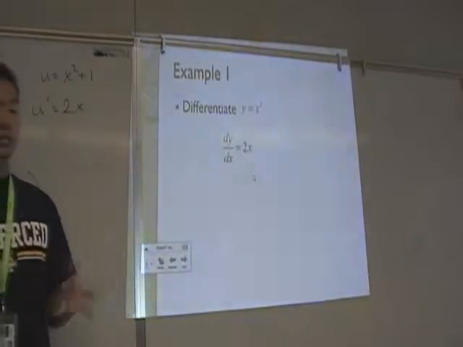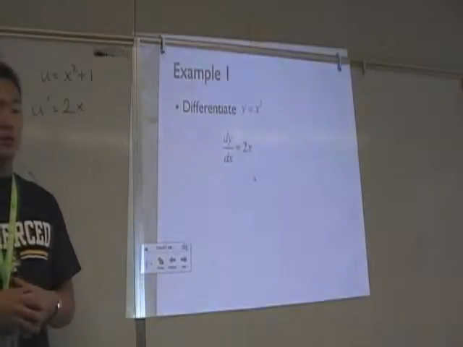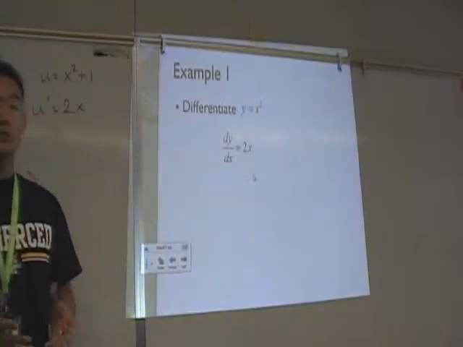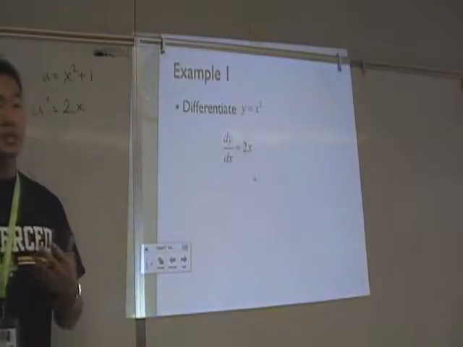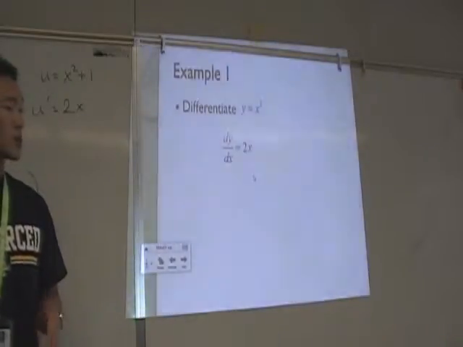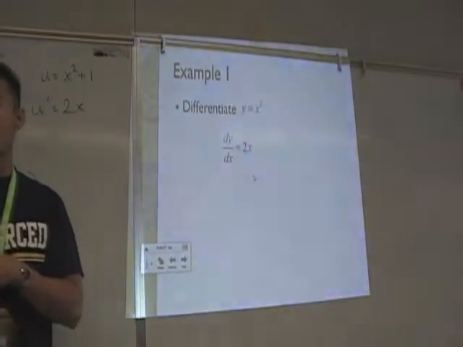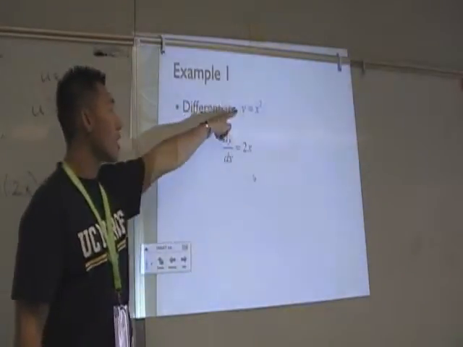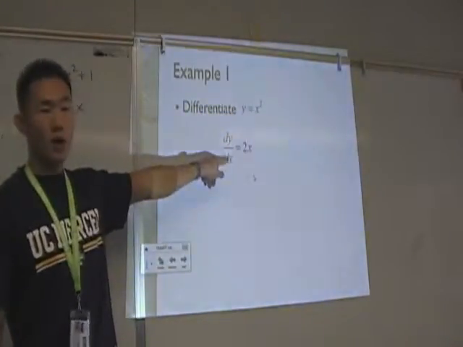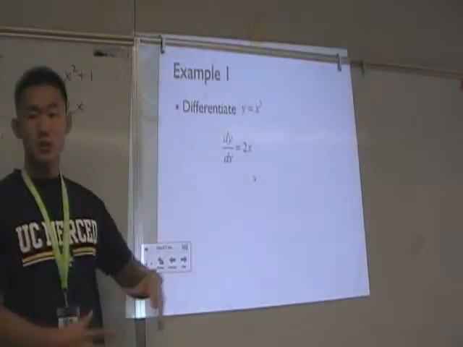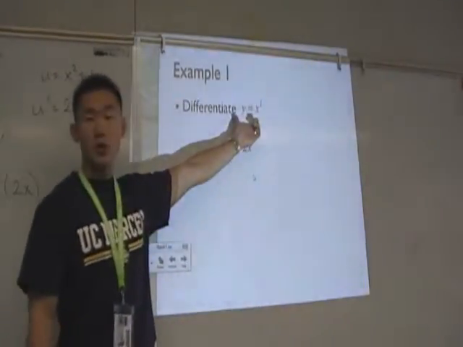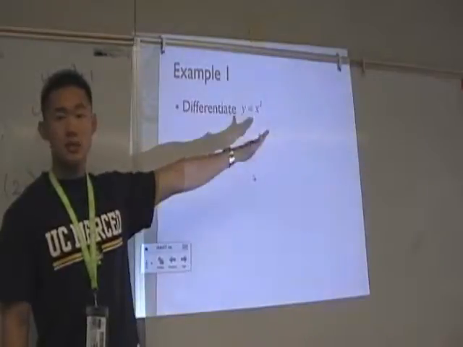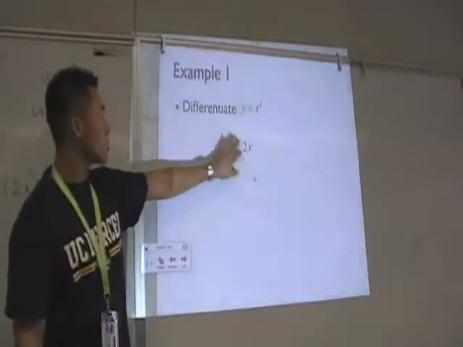So we actually don't just say the derivative is 2x. We actually take the derivative of everything. So we take the derivative of y also. Now, when we take the derivative of y, we write dy dx. Because we're taking the derivative of this entire equation with respect to x, we don't need to write this.